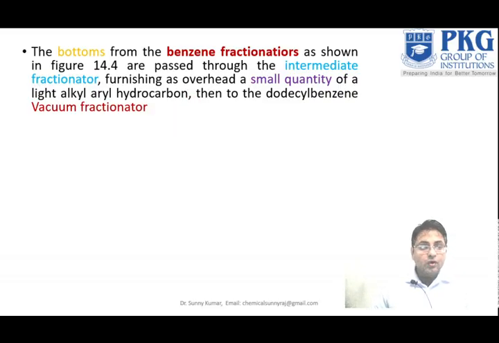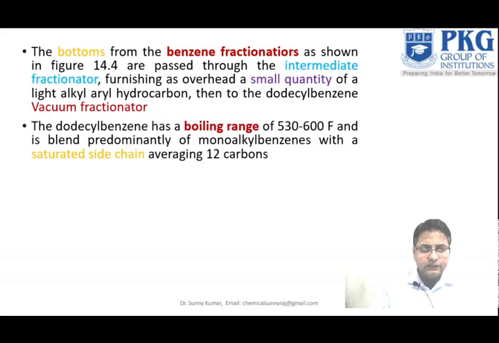The overhead we will not use; the bottom we send directly to the next vacuum fractionator. The dodecyl benzene has a boiling range of 530 to 600 degrees Fahrenheit, and is a blend predominantly of monoalkyl benzene with a saturated side chain averaging 12 carbons.